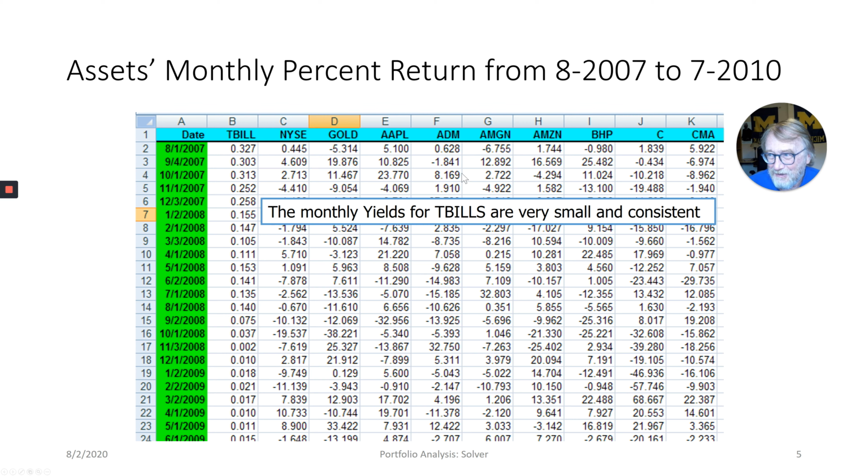And you can see that the returns for T-bill are very small and consistent over time. If you do this and your T-bill returns are big, with big swings and big positive numbers and big negative numbers, then you made a mistake. And if you look at, wow, Apple in one month went up by 23% in October 2017, and it went down by 32%, right?